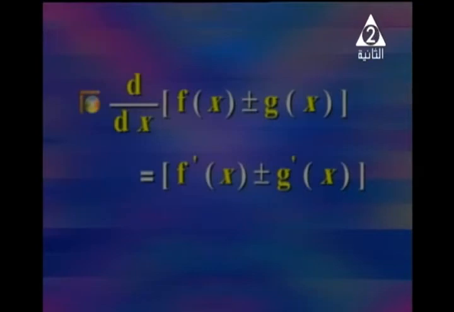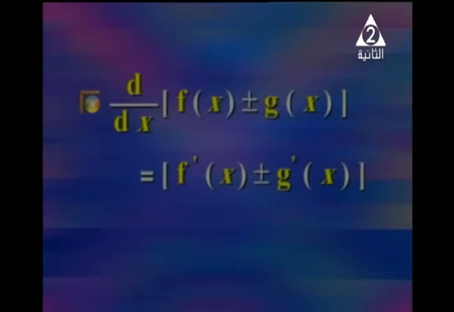What do you mean f dash of x? Excellent student. Differentiation of f of x. What do you mean g dash x? Differentiation of the second, g of x. Then we deduce that when we find sum or difference of 3, 4, 5 functions, we find plus or minus differentiation of each function.